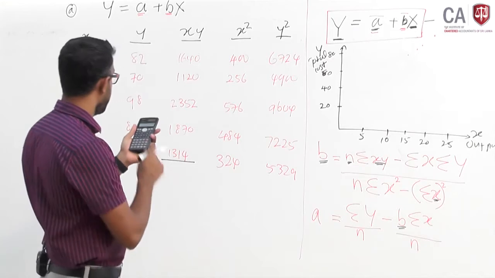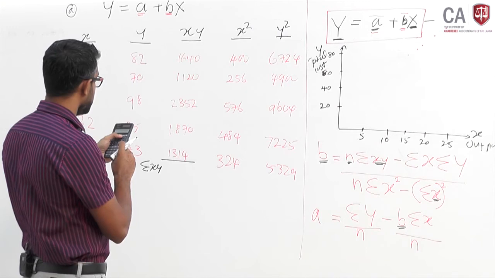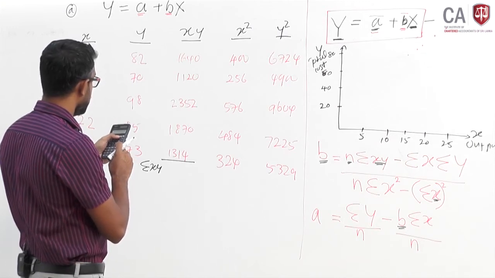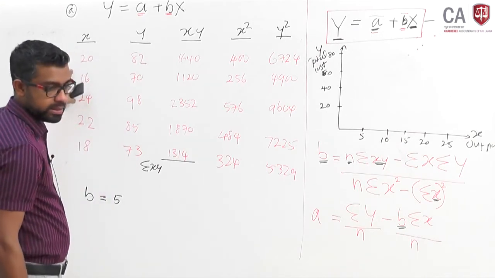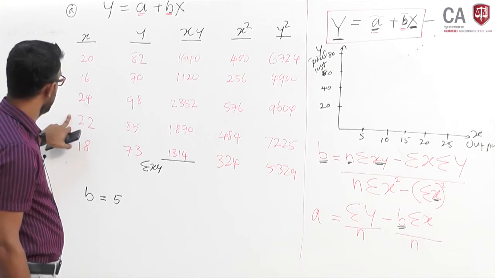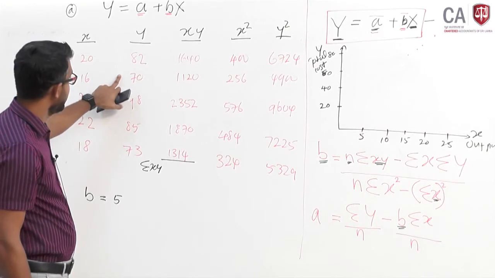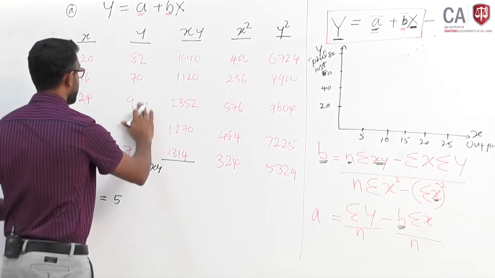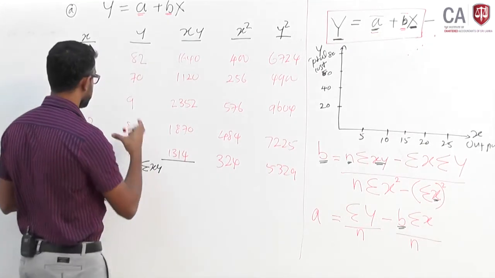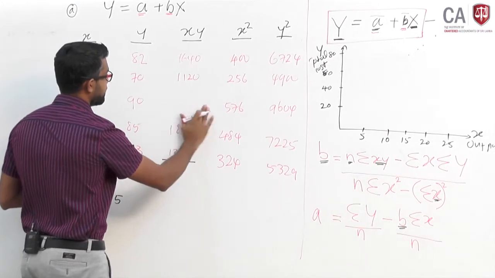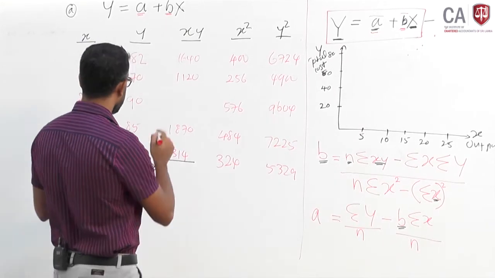Sorry, here, that's a mistake, right? Y values are 82, 70, 90, 85 and 73. The 90 will be changed, so 24 into 90 is 2160.